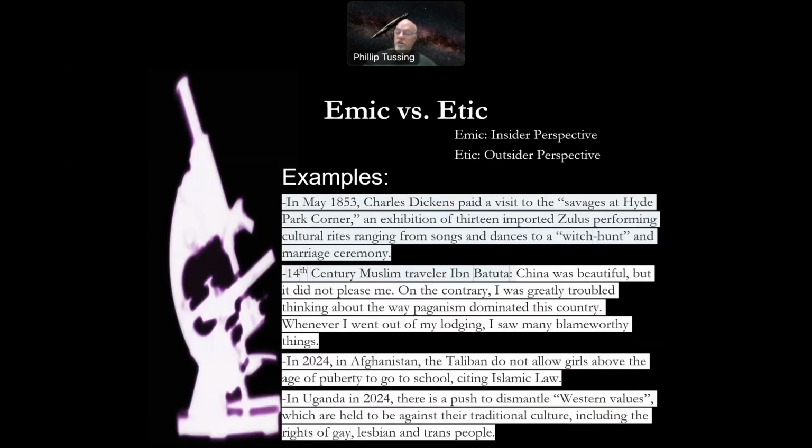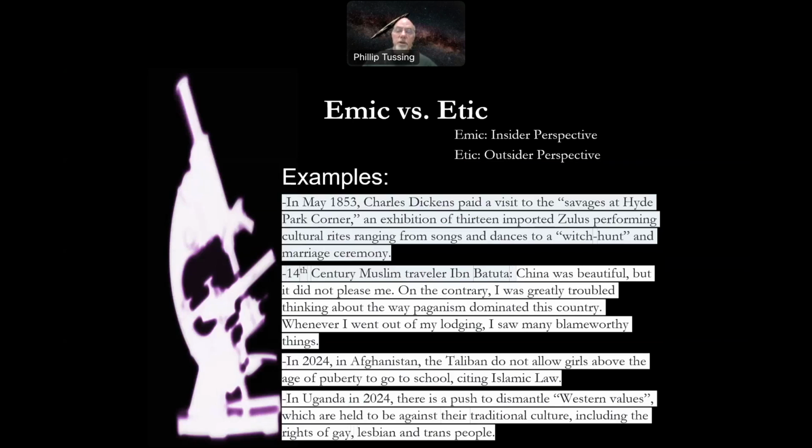This slide has to do with a concept that was initially developed in anthropology. It has to do with whether you're on the inside or the outside of a given group and the kind of groupthink or group perspective, or tribal perspective, if you wish, that is developed as part of a given group.